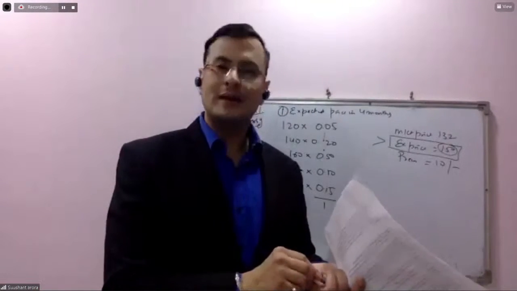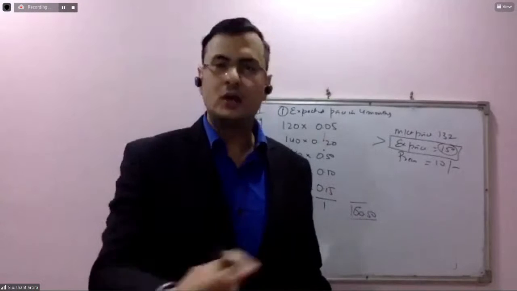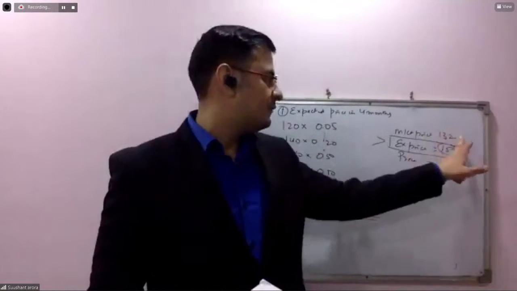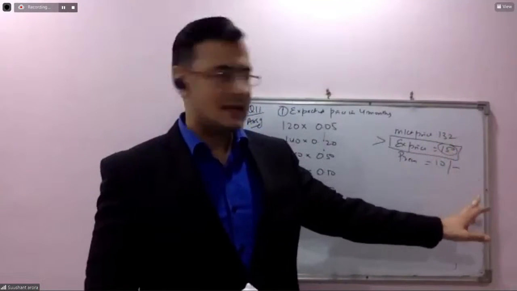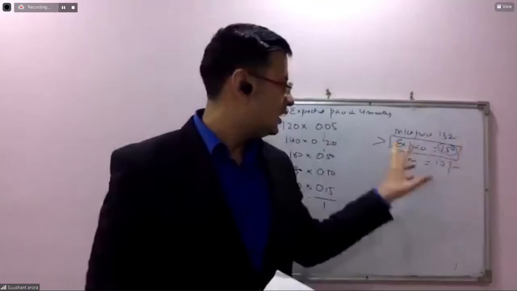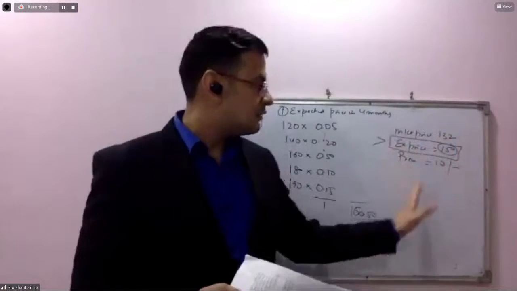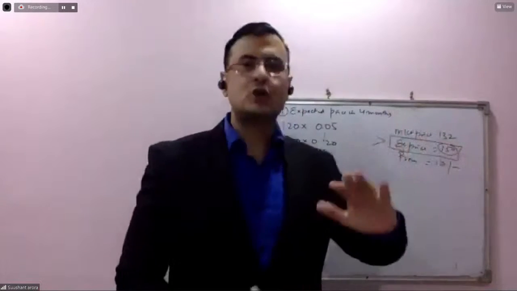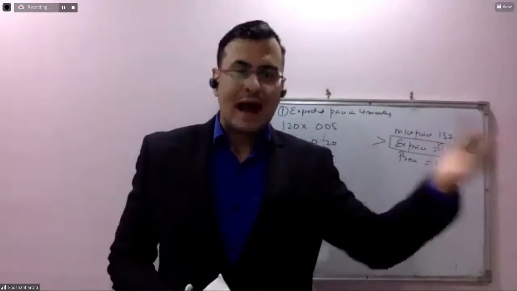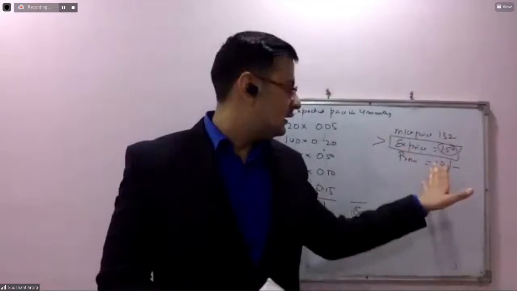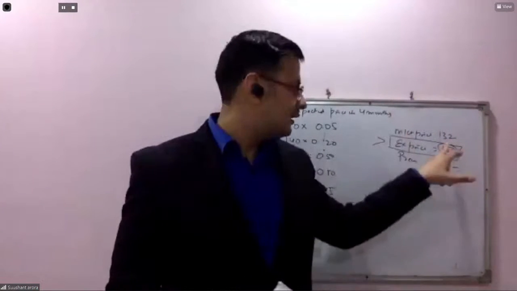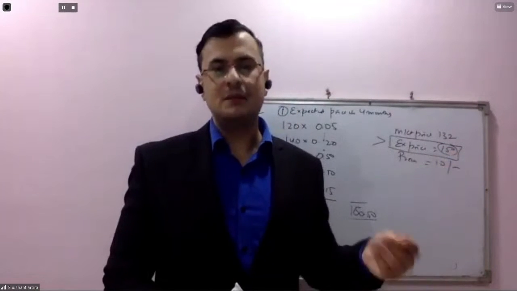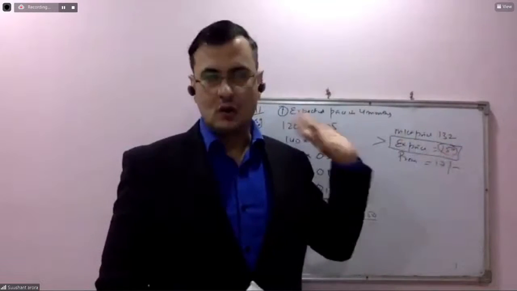Nobody can make you fearful on this. If you identify these 3 things in the exam, what is the market price? You write down. What is the exercise price? You write down. What is the premium paid? You write down. Then you ask your heart. If the price crosses 150, I will exercise the call option. But my break-even point will be 150 plus 10 rupees, which is 160. I'll start making money only from 160 onwards.